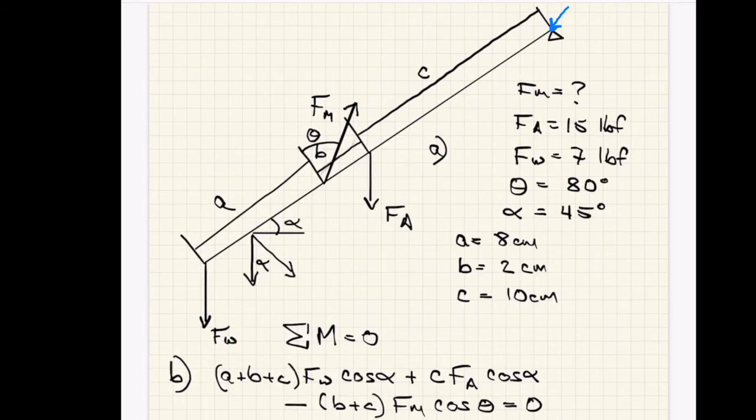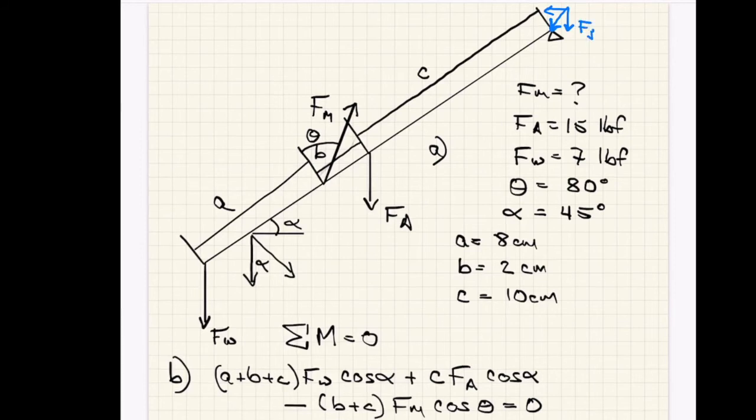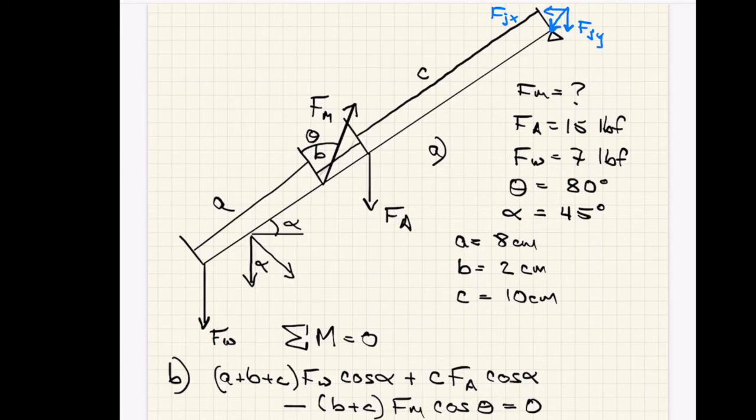So it didn't draw that very well, because we're going to have two components of this force that we have to also include. So we're going to have an FJY, and we're going to have an FJX, and those two are going to make up the actual vector quantity F of J. So those are the quantities we're going to have to deal with.